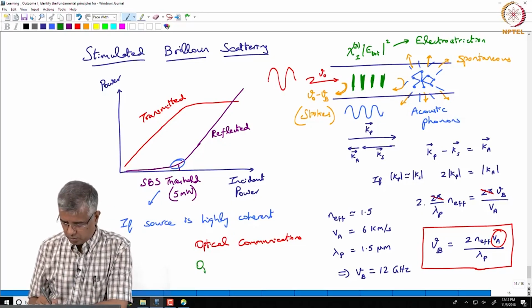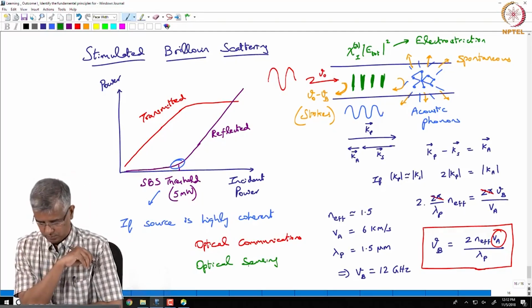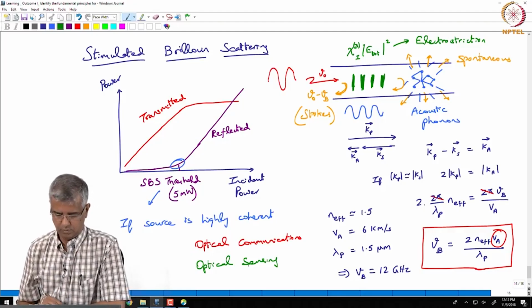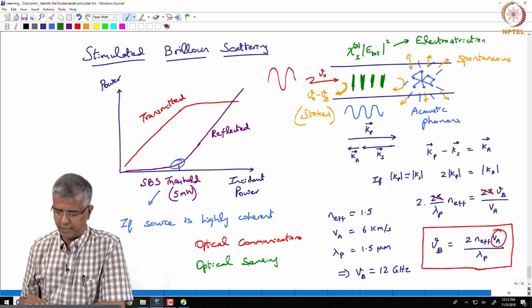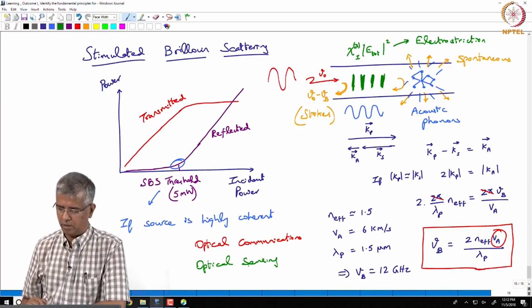So it is very good for optical sensing applications. So you are fighting against it in optical communications, but you are exploiting it in optical sensing.